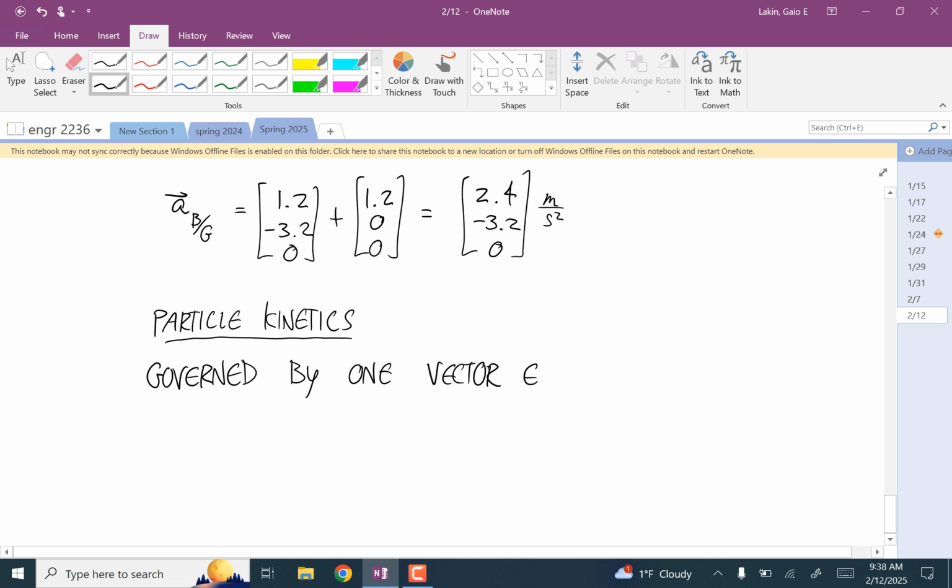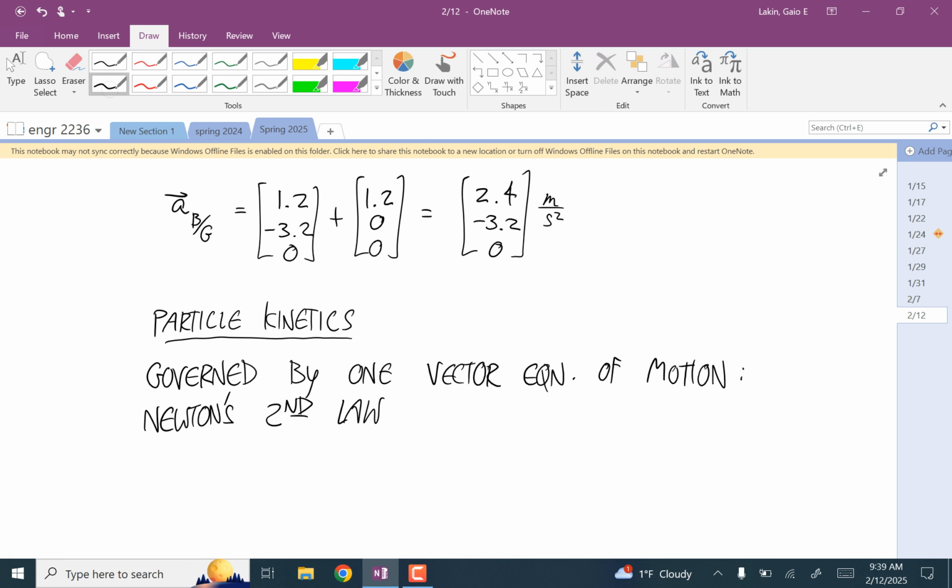One vector equation of motion. And that's Newton's second law. It's a real good law. Way better than the stupid first law. And I'm just always going to abbreviate this N2L because I'm going to write it a lot.